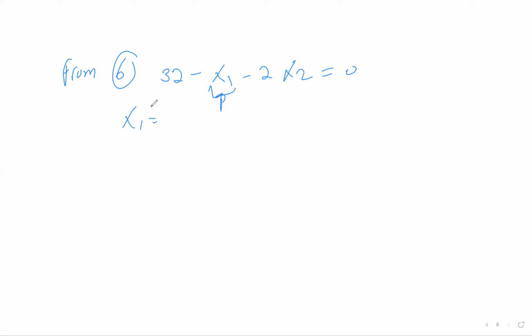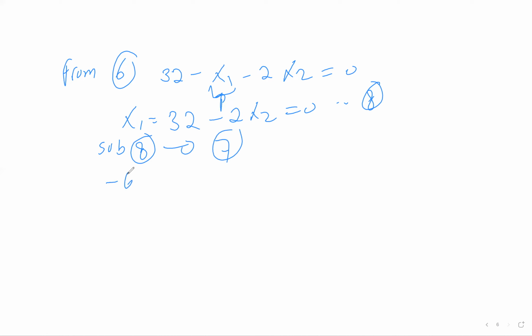So lambda 1 is equal to 32. Bring this one to the other side of the equality, lambda 1 becomes positive. Then 32 minus 2 lambda 2. So now this becomes our equation number 8. And then now we sub 8 into equation number 7.